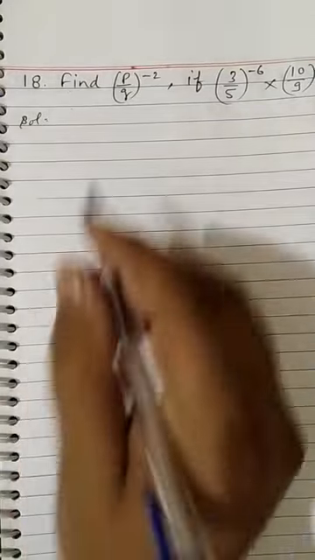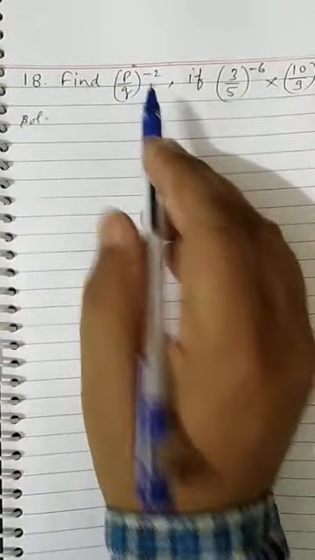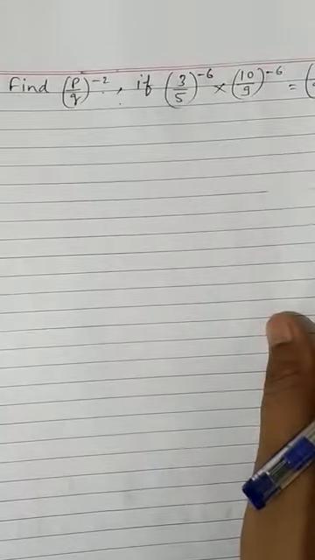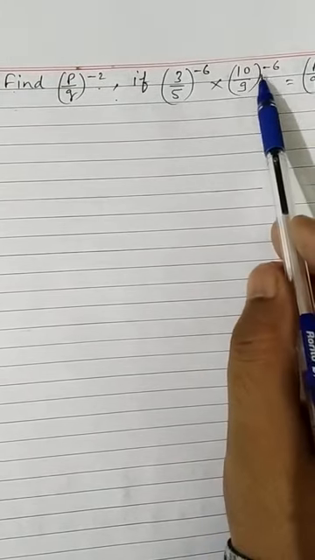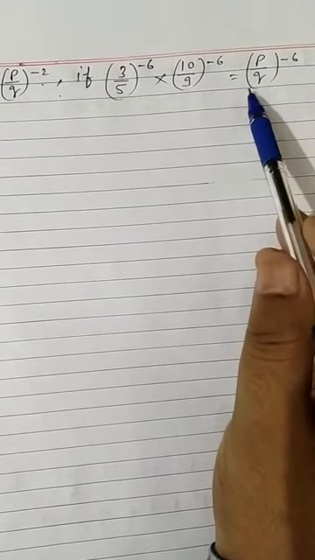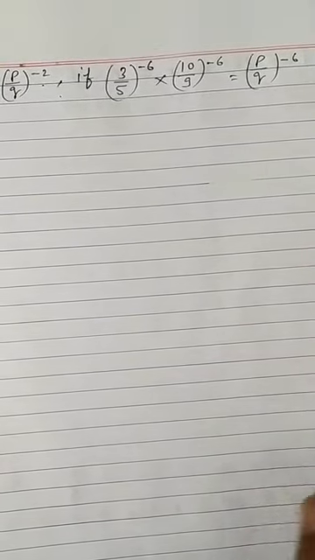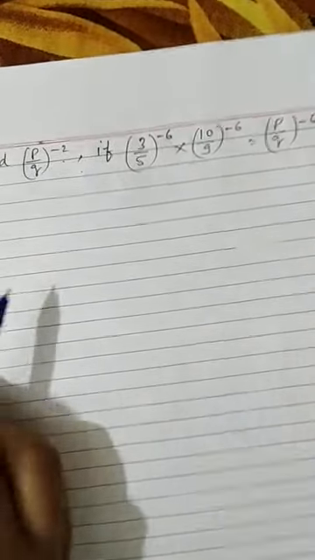Okay, now the next question. Find (p/q)^-2 if (3/5)^6 multiplied by (10/9)^-6 equals (p/q)^-6. So let us solve it.